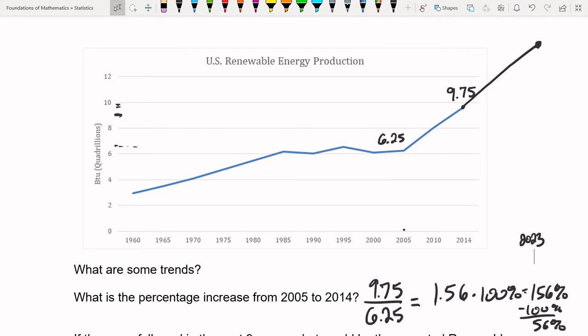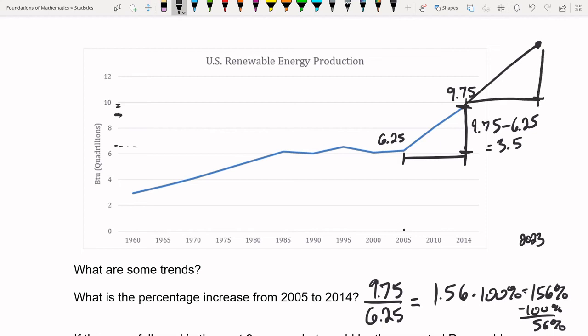Well, here we're essentially saying that for this much period of time, we've increased by 9.75 minus 6.25, which is 3.5. So then if we go for the same period of time, we're going to increase the same amount.